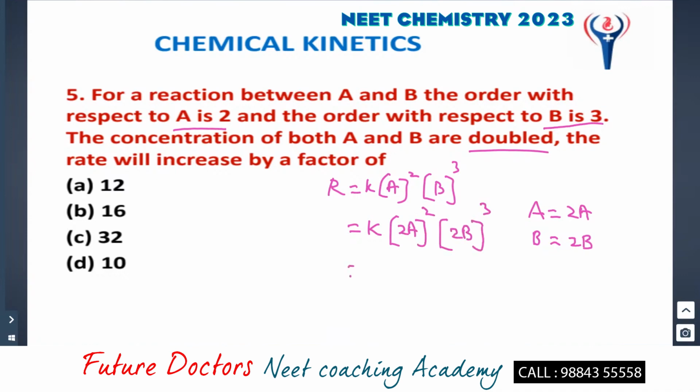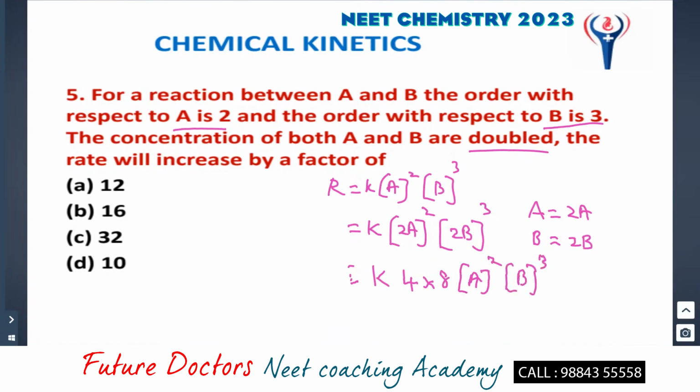So the numbers come out. When it comes out, 2 power 2 becomes 4, and K you can put as it is. 2 power 3 becomes 8. Remaining you can write as it is, A power 2 into B power 3.